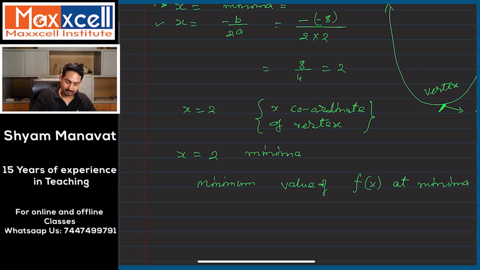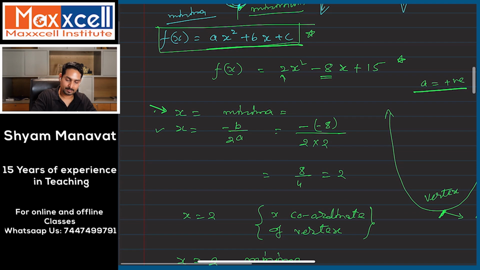So minimum, if you want to find out, so that you will say minimum here is nothing but f of 2.